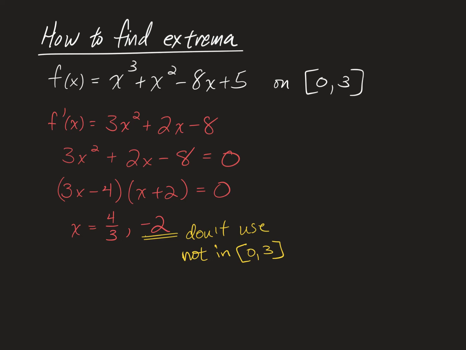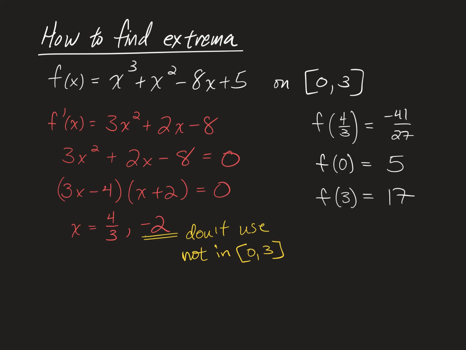All right, so we have our critical value, we have our endpoints. So let's evaluate the function at the critical values that we are going to use and the endpoints. So here we go with that. We have f of 4/3 equals -41 over 27. There was some pretty good simplification going on in the background here. f of 0 is 5 and f of 3 is 17.